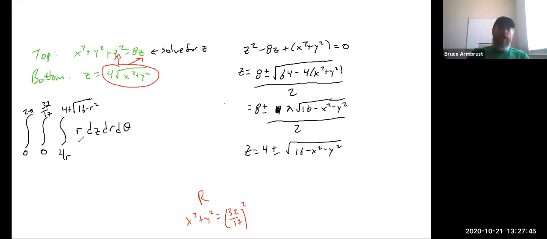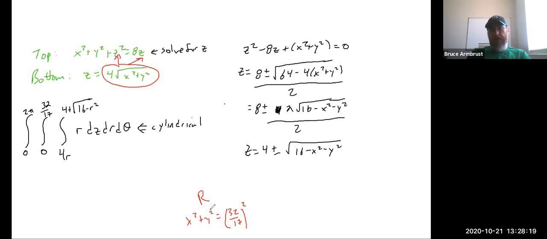And this should make all of you much happier. Compare that to the rectangular one we saw just a minute ago, and it's no contest which one we like. All right, so there's cylindrical.